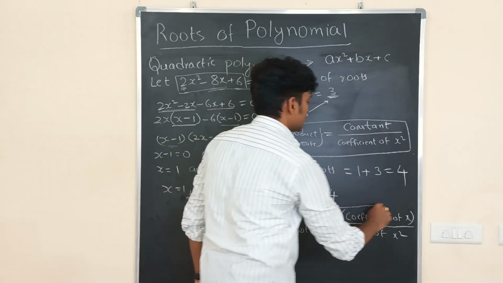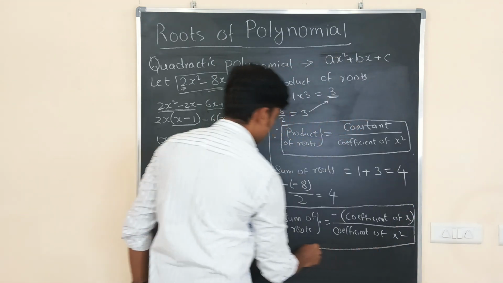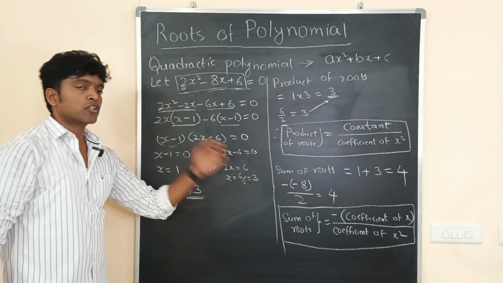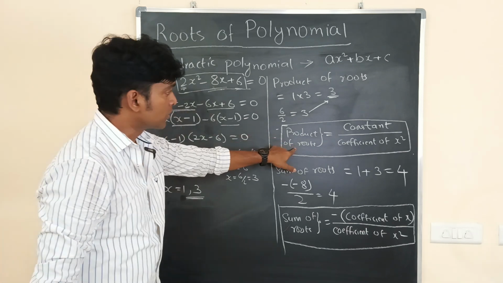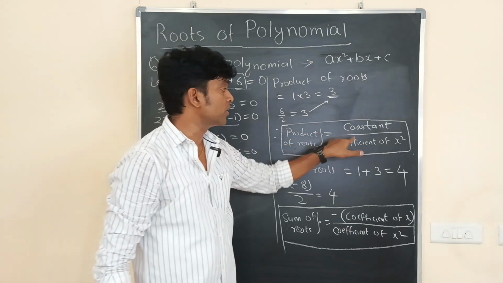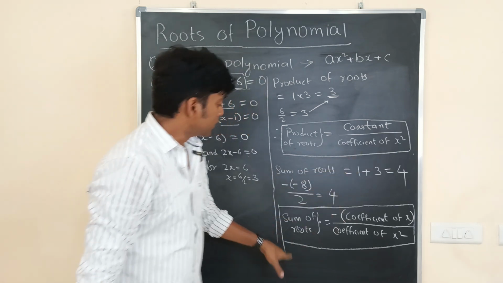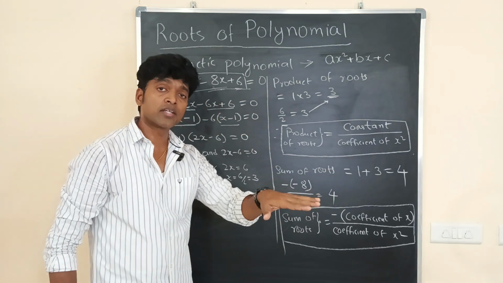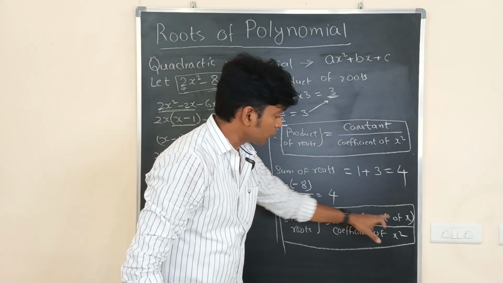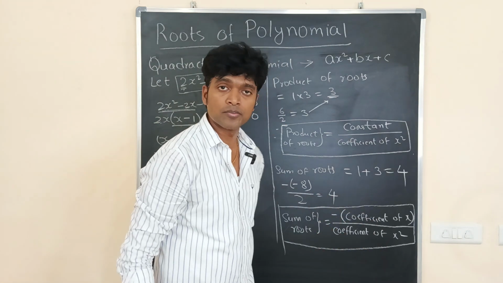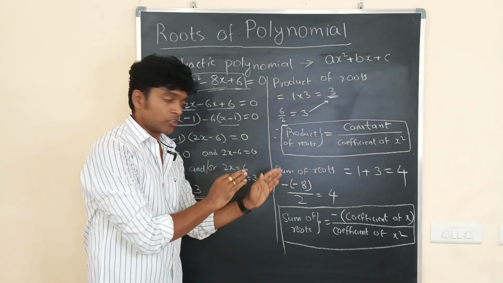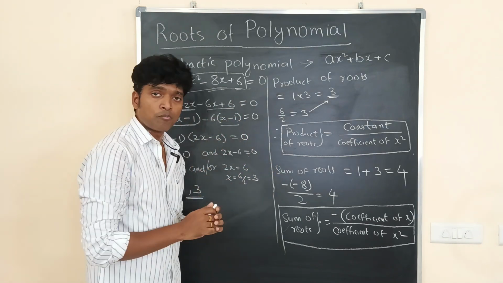So this is another relationship between the roots. Hope you all understood this one. The product of the roots for any quadratic polynomial is constant divided by coefficient of x square. The sum of the roots for any quadratic polynomial is minus of coefficient of x divided by coefficient of x square. Understand? This is a very important thing which you deal with in this chapter, polynomials.